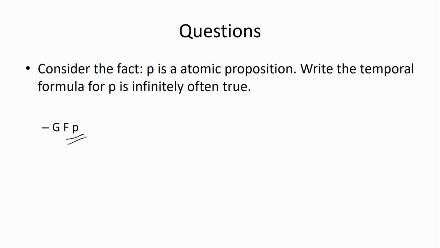Infinitely often, say in future P, from wherever you go in future P is going to be true, and this property must hold globally. That is why G F P says that P is infinitely often true.